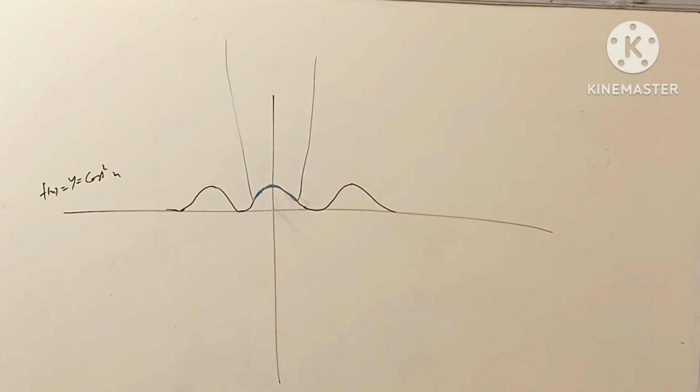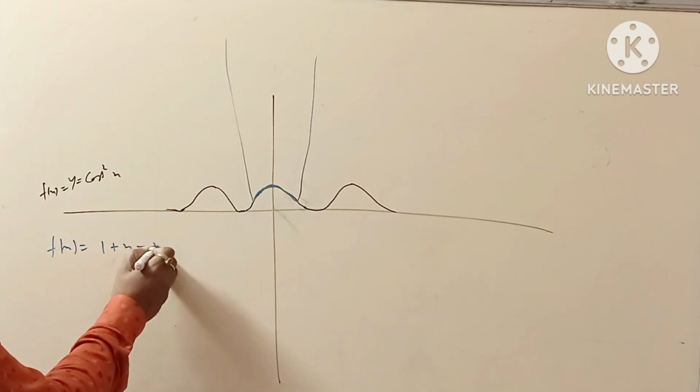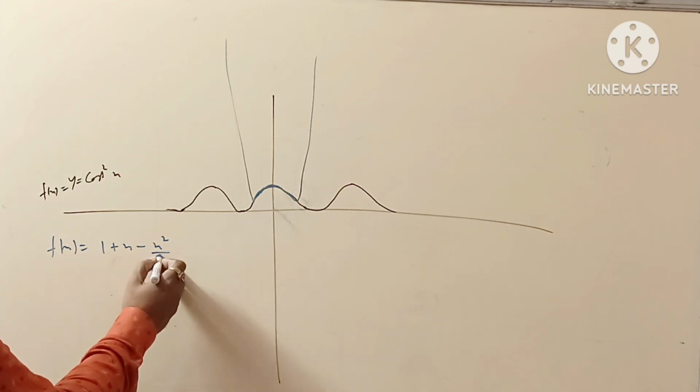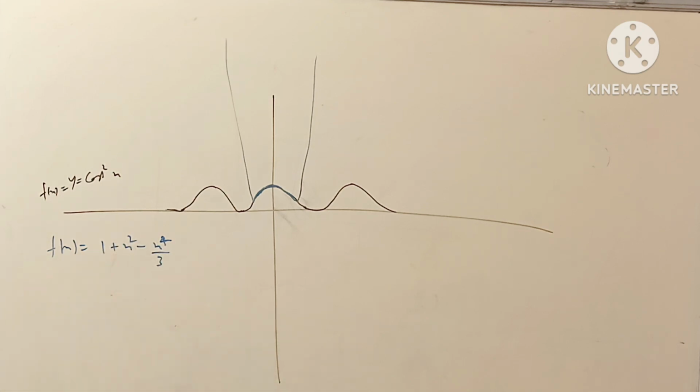This is the part which is visible to you, and here f(x) is equal to 1 plus x minus x square, x power 4 over 3. Okay, this will be the function.